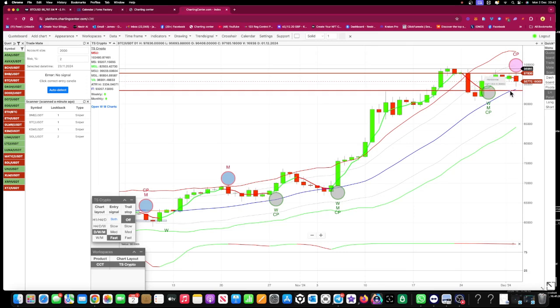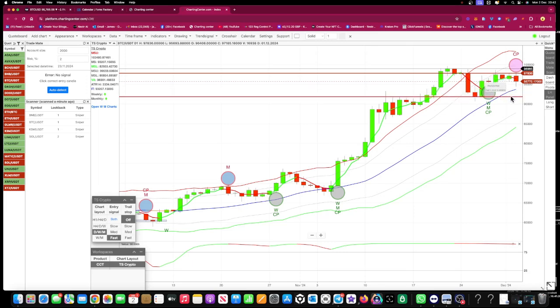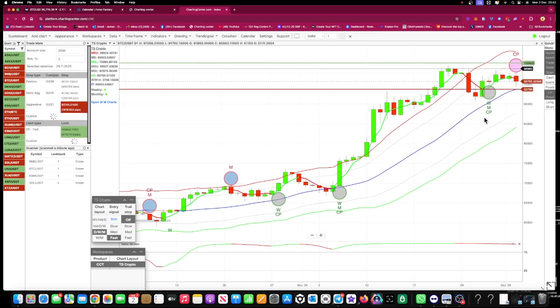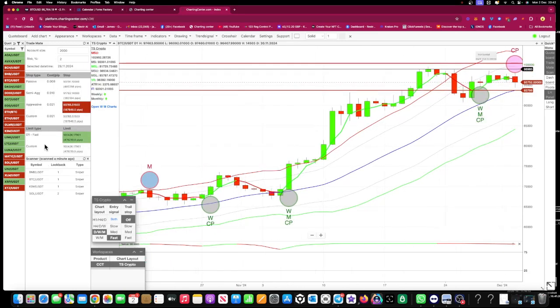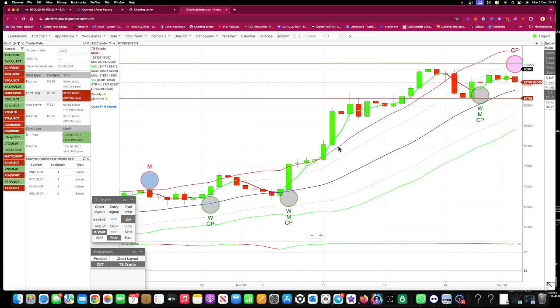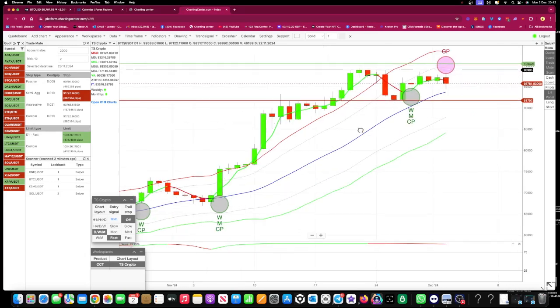So if we do get a signal first thing in the morning, I will move my target down to there, and that's where my take profit potentially will be, and stop loss will be, it's given me a stop right up here. Well, it hasn't really. That should be the take profit down there.